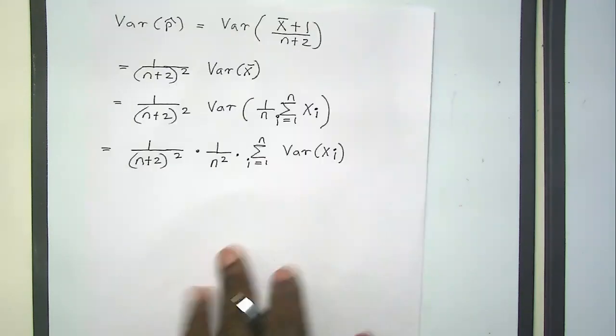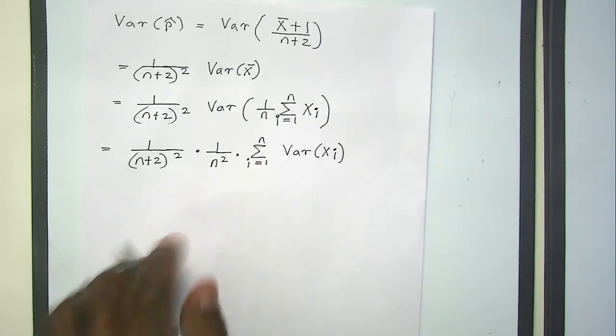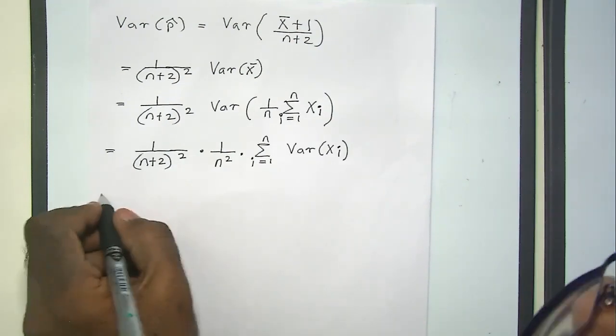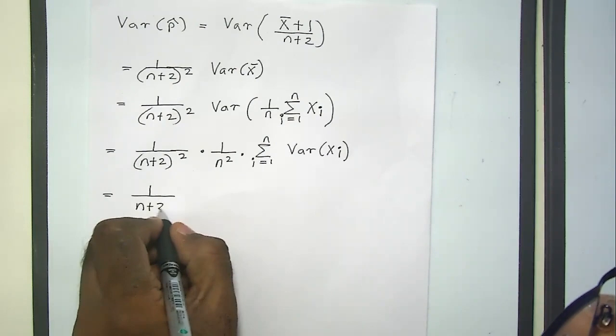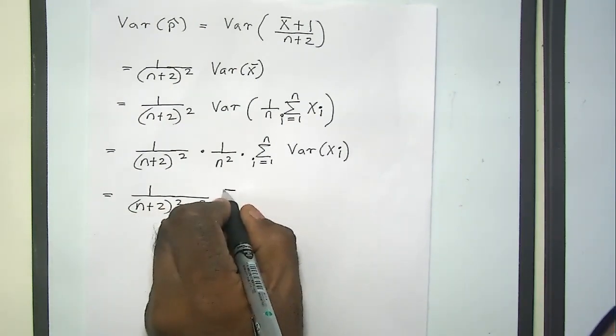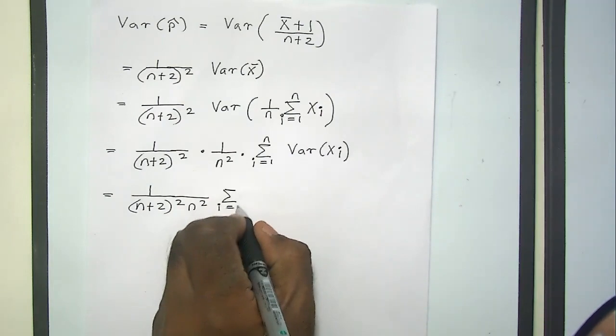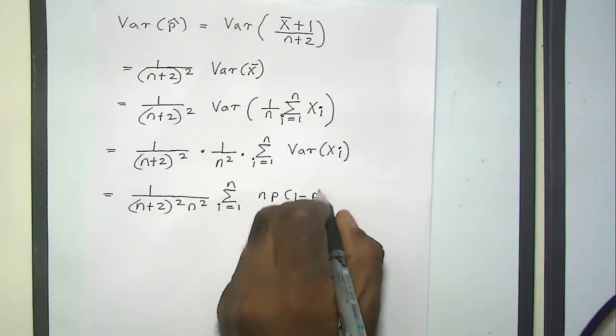I'm sure all of you know that the variance of a binomial variable is n p times (1 minus p).